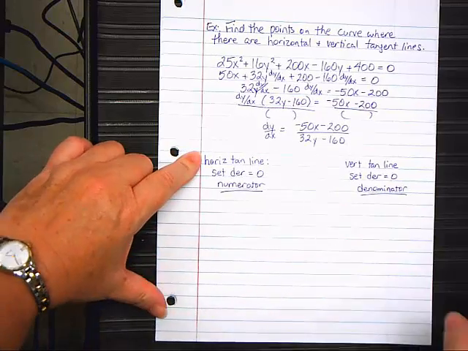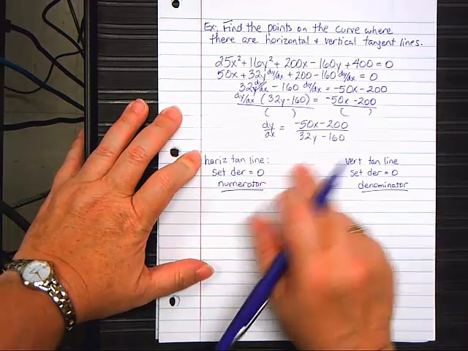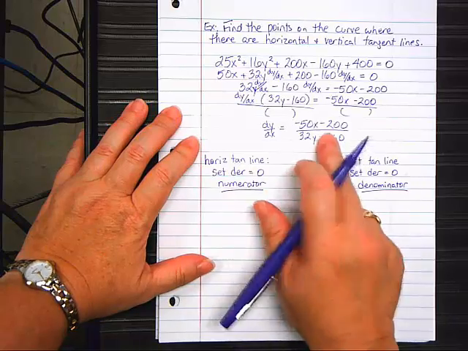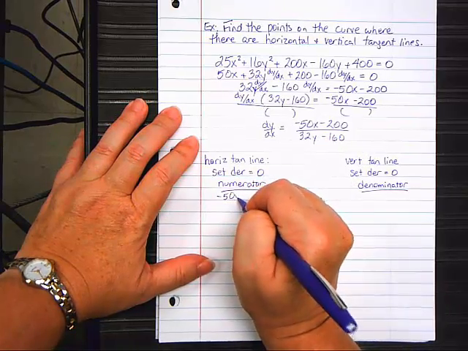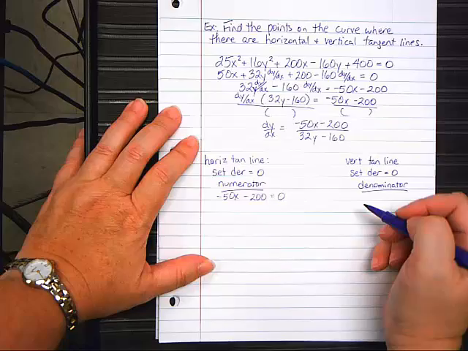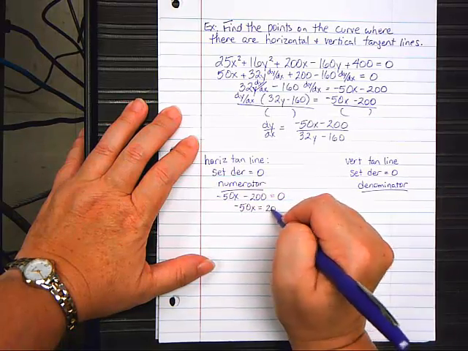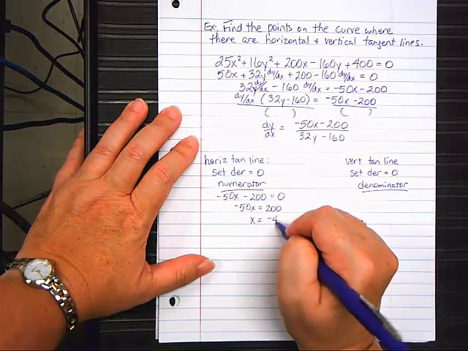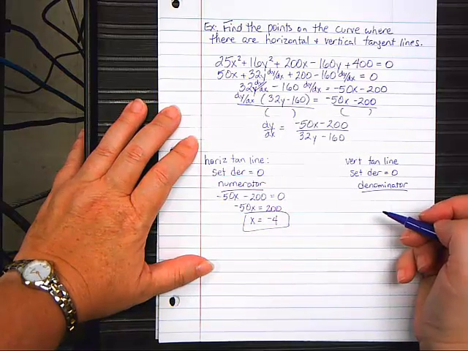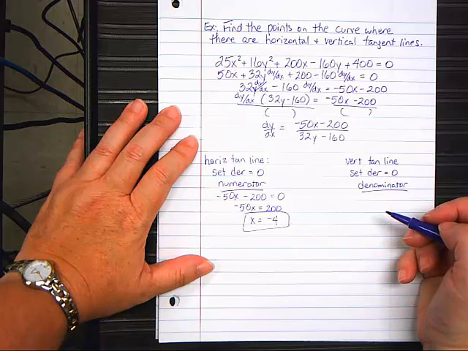Okay? So now, let's do the horizontal tangent lines. So we set the derivative's numerator equal to 0. So we'll have negative 50x minus 200 equals 0. Negative 50x equals 200. So x equals negative 4. I'm not going to make you go find y. It's too much work. Okay?